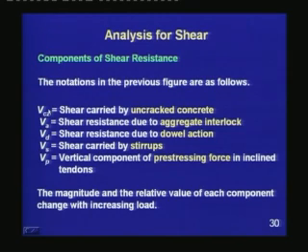We had Vcz, which is the shear carried by uncracked concrete. Va is the shear resistance due to aggregate interlock. Vd is the shear resistance due to dowel action. Vs is the shear carried by stirrups. Vp is the vertical component of prestressing force in inclined tendons. The magnitude and the relative value of each component change with increasing load.